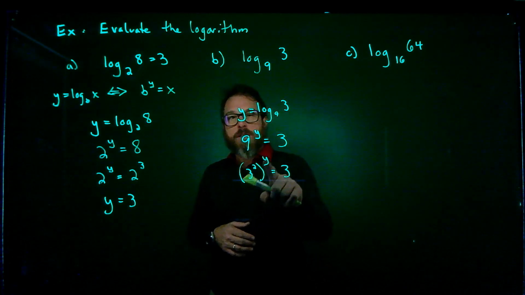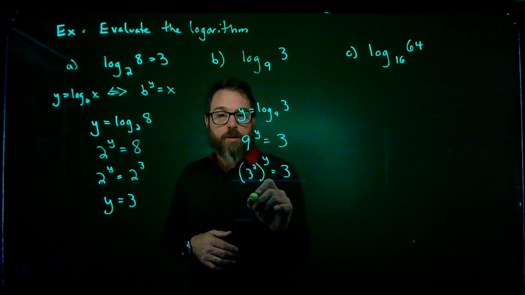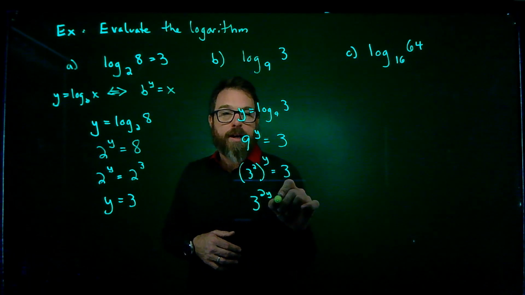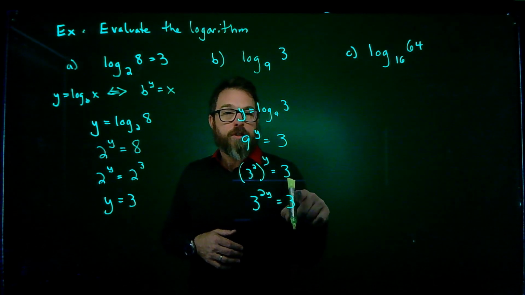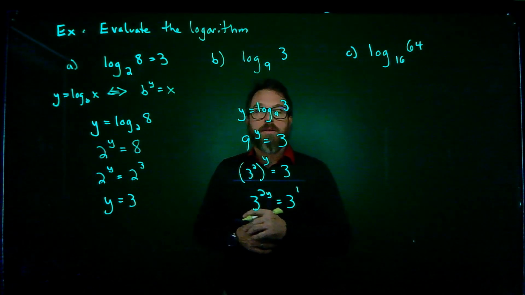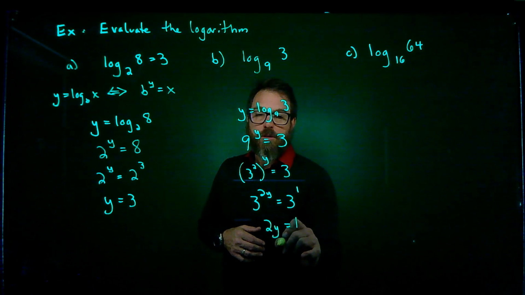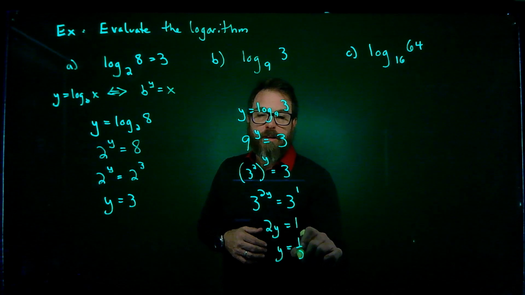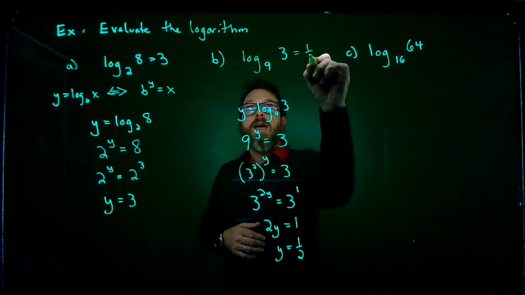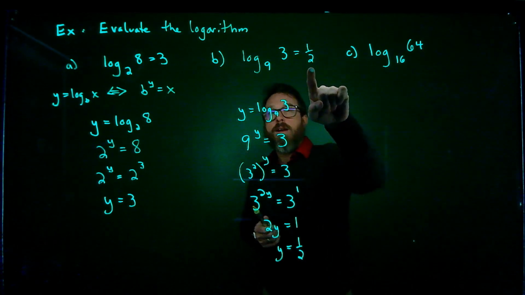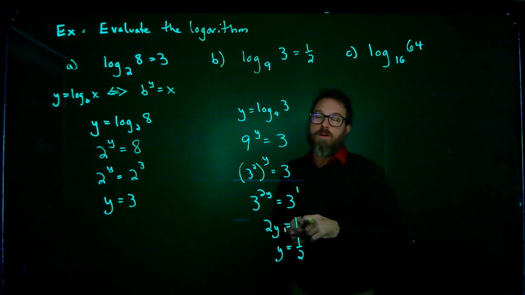Now we know when we raise powers to powers, we multiply the exponents. So this is 3 to the 2y is equal to 3 to the, well, since there's no power, it has to be a 1 there. Since the bases are the same, their exponents have to be the same. So y is equal to a half. And we know that 9 to the 1/2 is equal to 3, because the square root of 9 is 3.